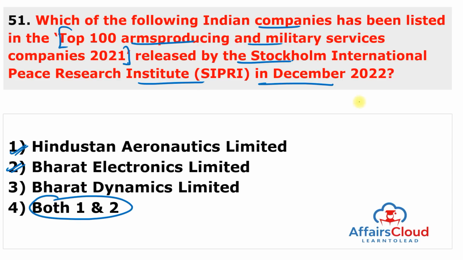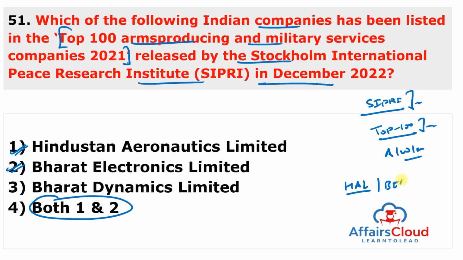So the Stockholm International Peace Research Institute, also known as SIPRI, a Swedish think tank, released a report titled Top 100 Arms Producing and Military Services Companies 2021, which lists companies making arms, weapons, military planes and equipment. And India's military equipment manufacturing companies Hindustan Aeronautics Limited and Bharat Electronics Limited have been listed in the top 100.